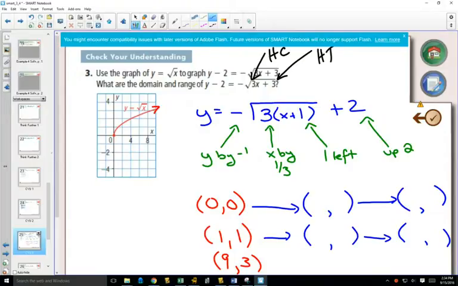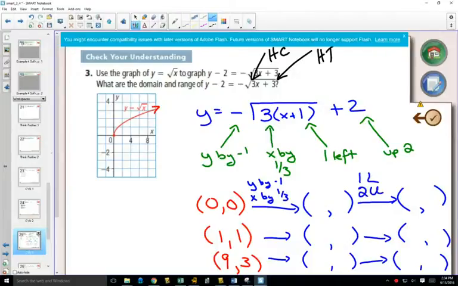So I'm going to list my transformations above here. We're going to multiply y by negative 1, x by 1/3, and my translations here, 1 to the left, 2 up. And let's see where these points go.